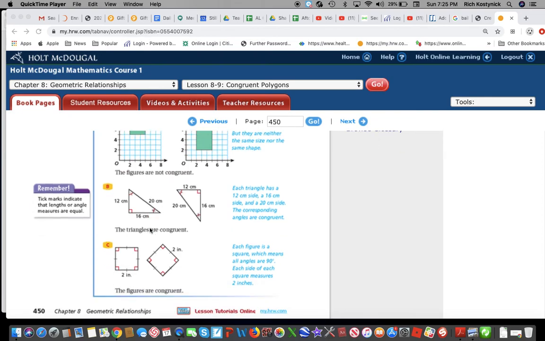If you take a look at example B here, let me zoom in just a little bit. Anyways, you can see we have a right angle here with a 12 centimeter height and a 16 centimeter base, and then we have what's called a hypotenuse of 20.